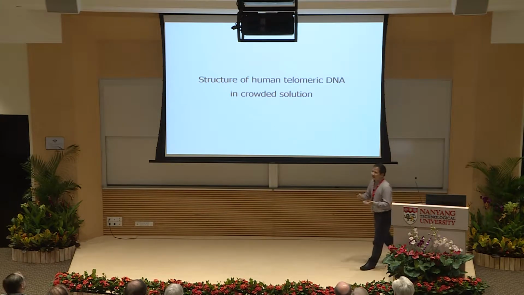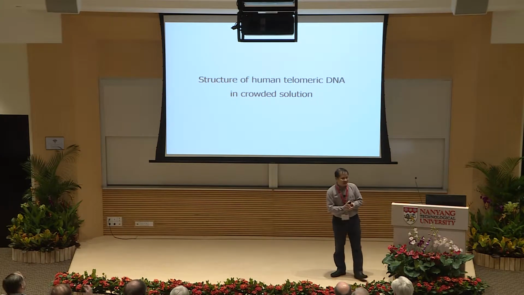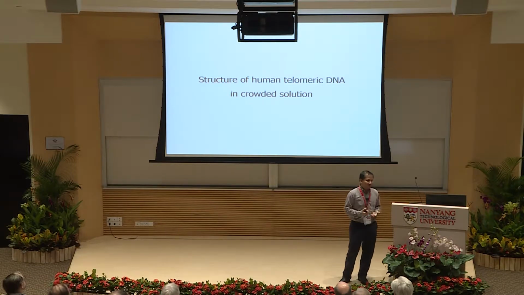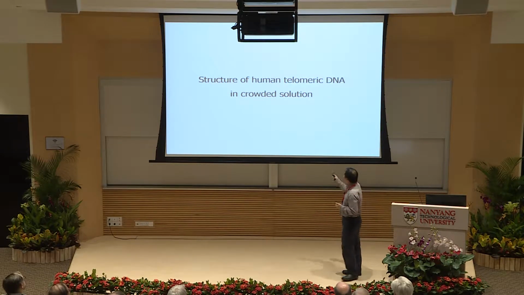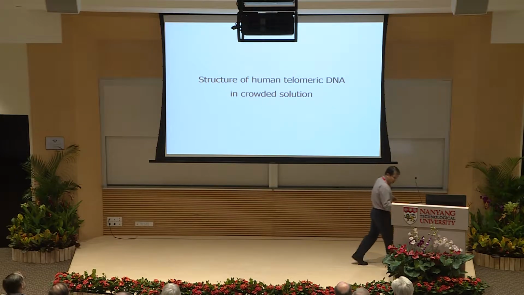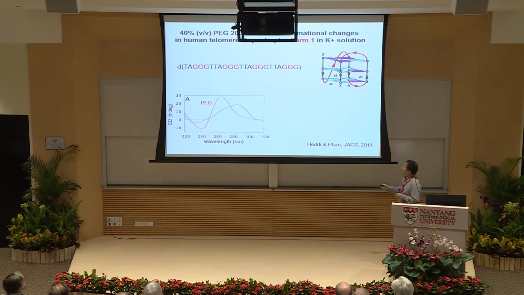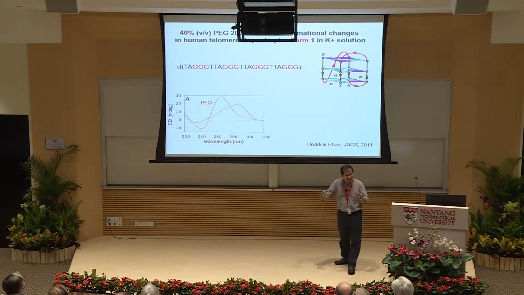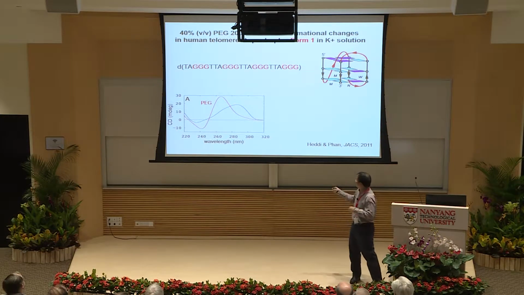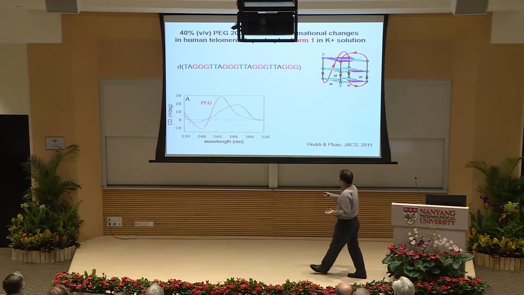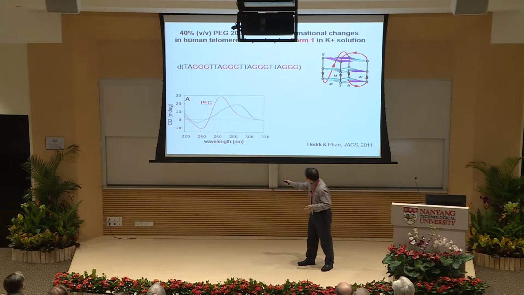Yesterday, in the talk, there was also mentioned a maybe important question, what about the crowding environment? Again, that can be mimicked in a test tube by adding a co-solute like PEG. So if you use circular dichroism, this piece of DNA folds into this structure, giving that blue CD signature.